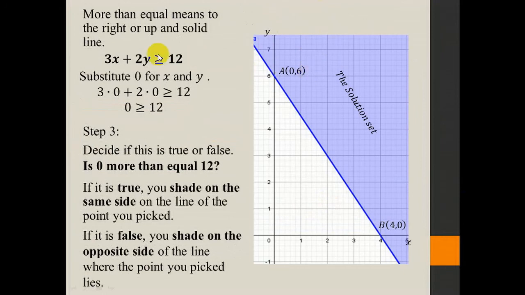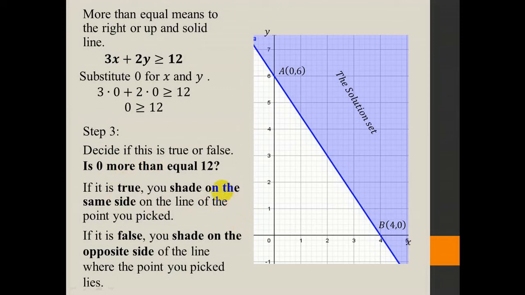So from here, when we pick (0, 0) and then you substitute into the linear inequality, 0 less than or equal to 12. Okay, so from here you need to do step 3, decide if this is true or false. Is it correct, 0 less than or equal to 12? If it is true, you shade on the same side.